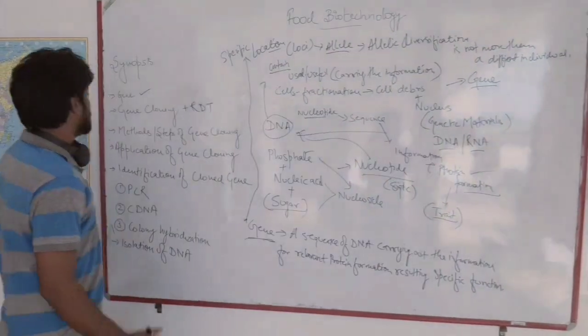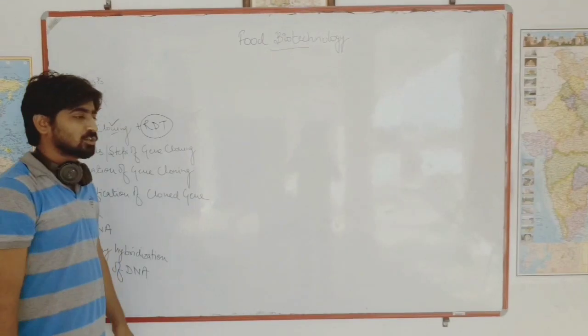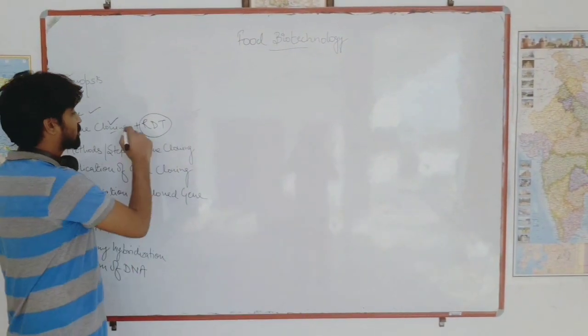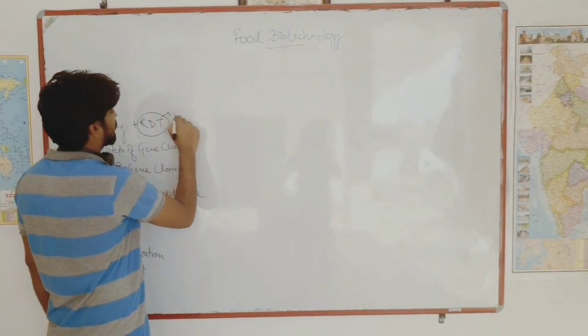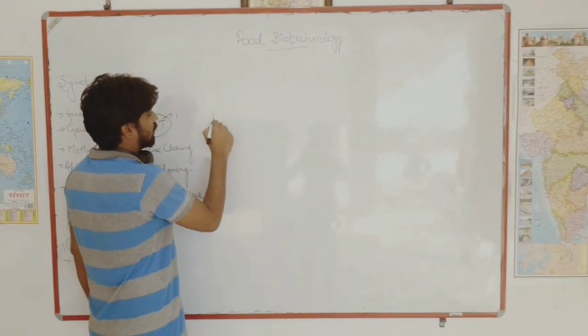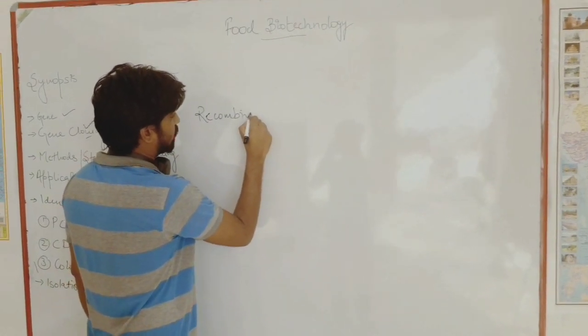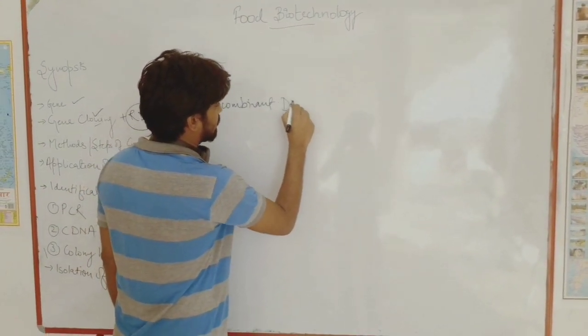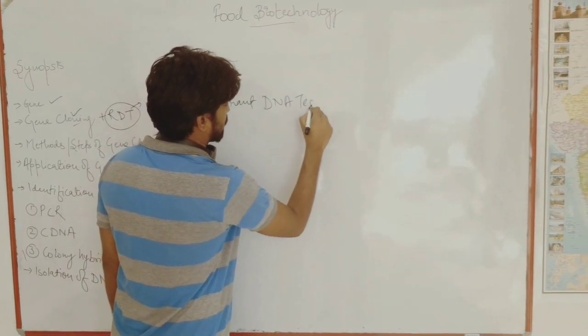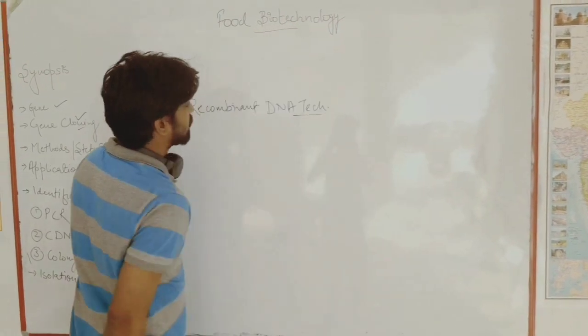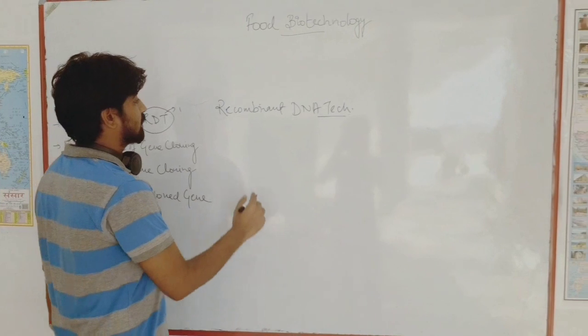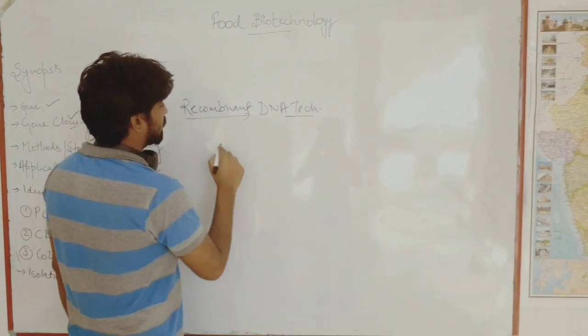Now we'll go for gene cloning. But before starting with gene cloning, I'll go with RDT. RDT is recombinant DNA technology. So what is RDT? RDT is combining two different DNAs.